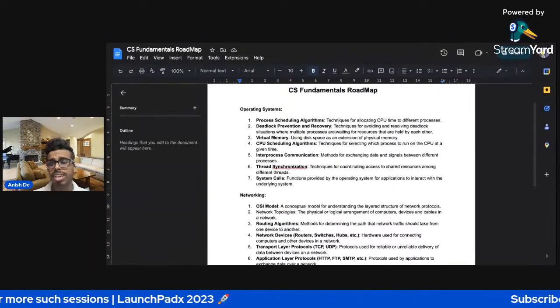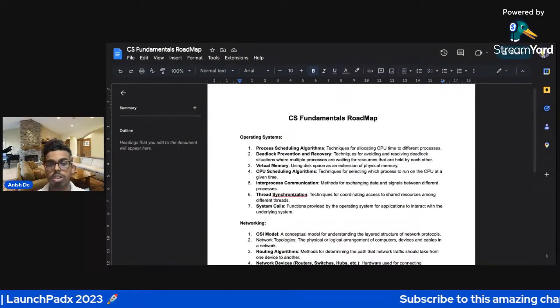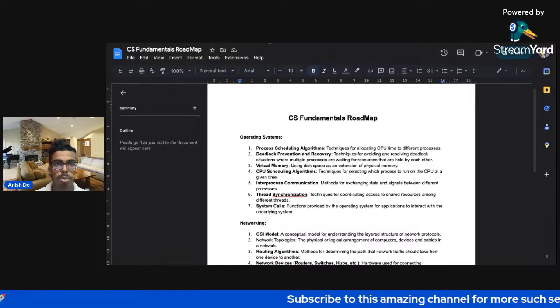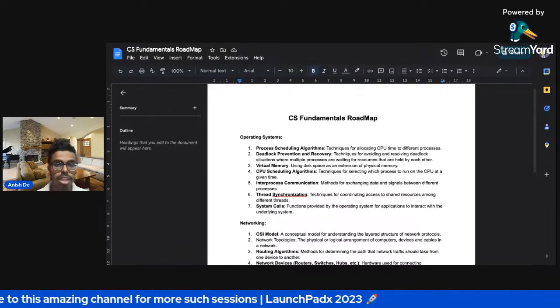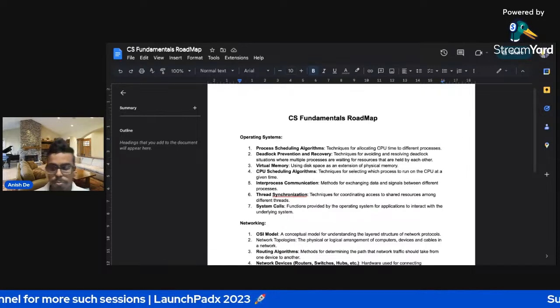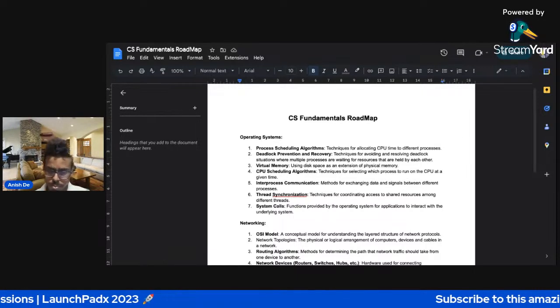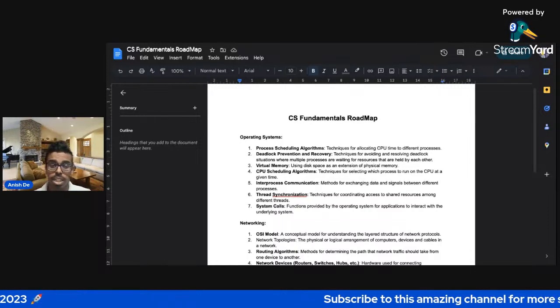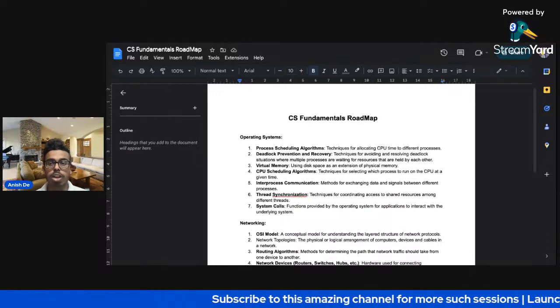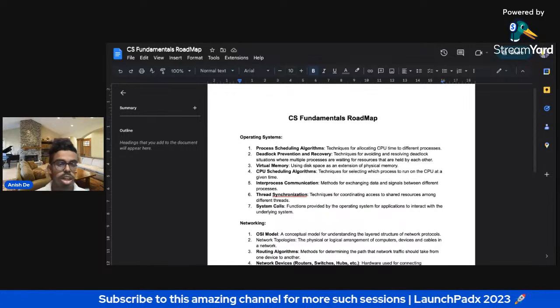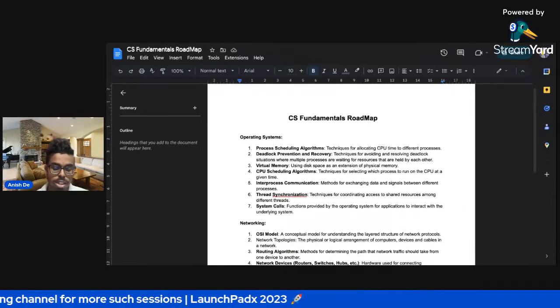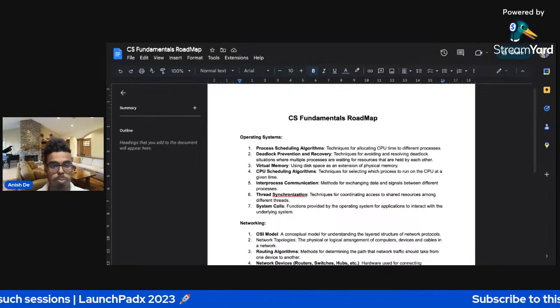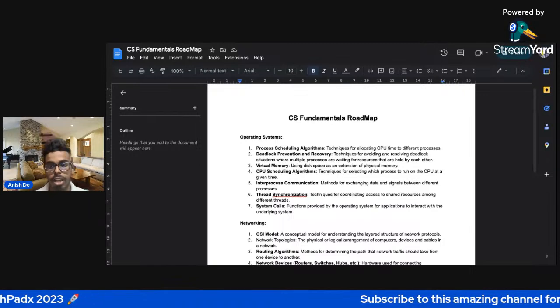So let us see what topics you need to focus on. First of all, in operating system you need to focus on process scheduling algorithms: what the different algorithms are, what their advantages and disadvantages are, and which of them are useful in various conditions. The interviewer will give you some hypothetical situations and ask which process scheduling algorithm will be the most optimal in this case.